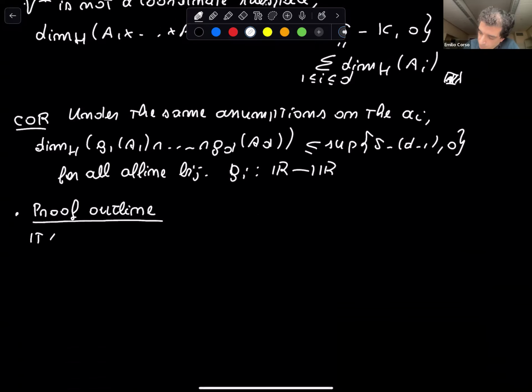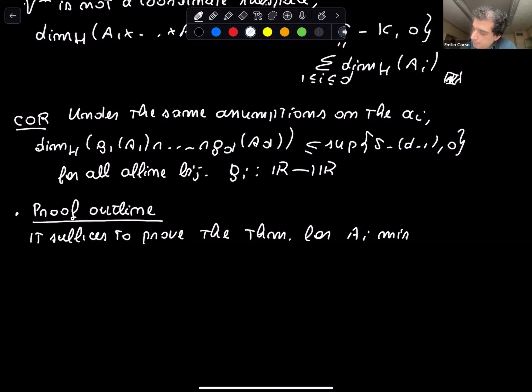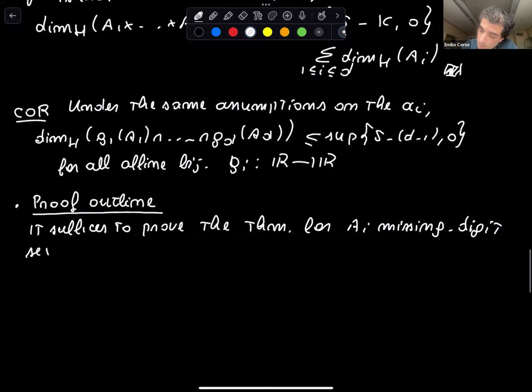So it suffices to prove the theorem for AI missing digit set in base little a_i, where missing digit, of course, means that I forbid a certain subset of the digits when I look at the base a_i expansion of the real numbers. A natural generalization of the middle third Cantor set.